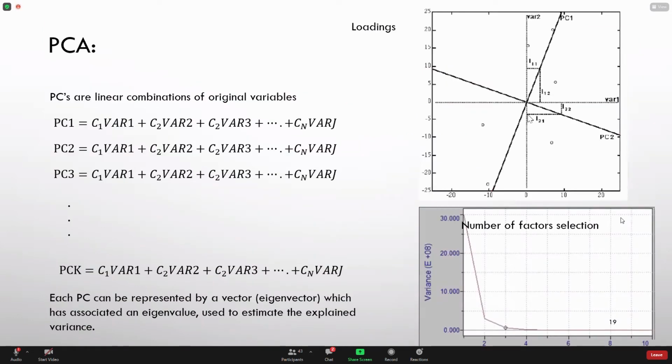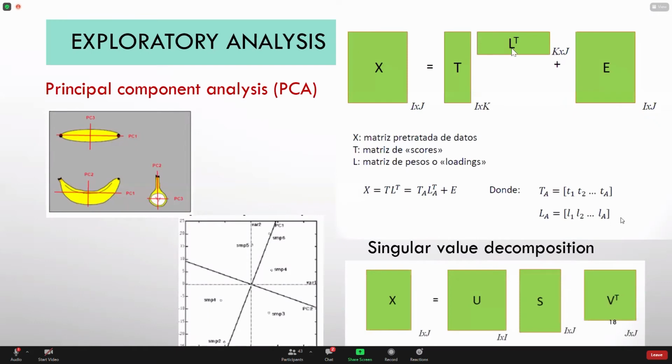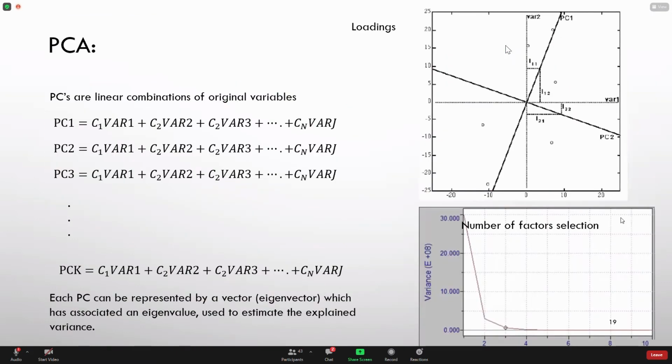And the elements of the loading matrix will be the cosine of the angle produced by the PC with the original variable. For example, here we have the angle formed by PC1 and the variable or wavelength 2 for one sample.